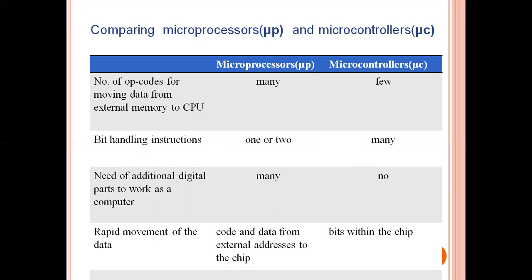The microprocessor requires more additional digital devices to complete a computer, but the microcontroller requires fewer or no additional digital devices to work as a computer. And the fourth parameter is rapid movement of the data. Here the microprocessor uses rapid movement of the data from external addresses to CPU. The microcontroller uses rapid movement of the data within the chip.